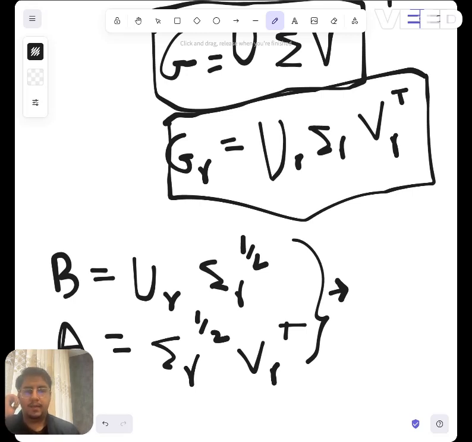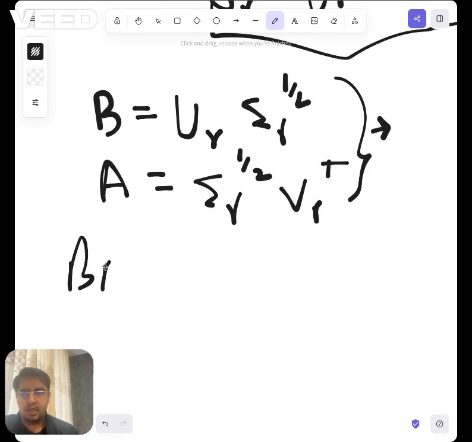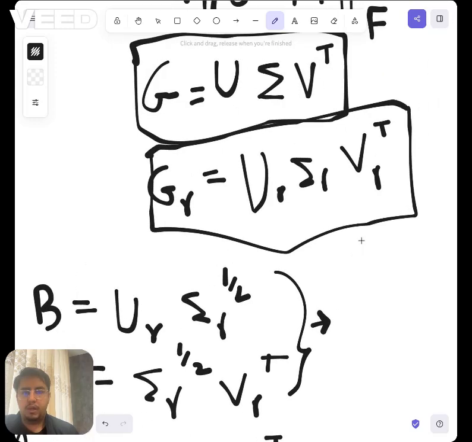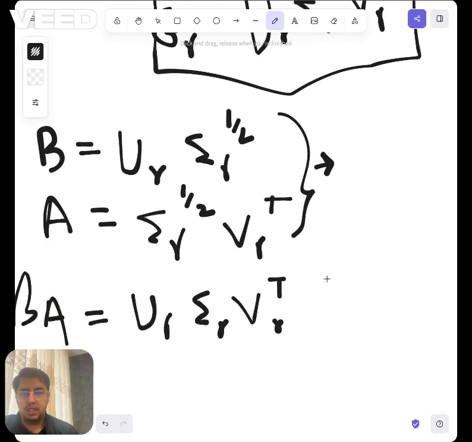Basically this choice guarantees that B times A is equal to U_R times sigma_R times V_R transpose, which is where we set out to, which is also equal to G here.